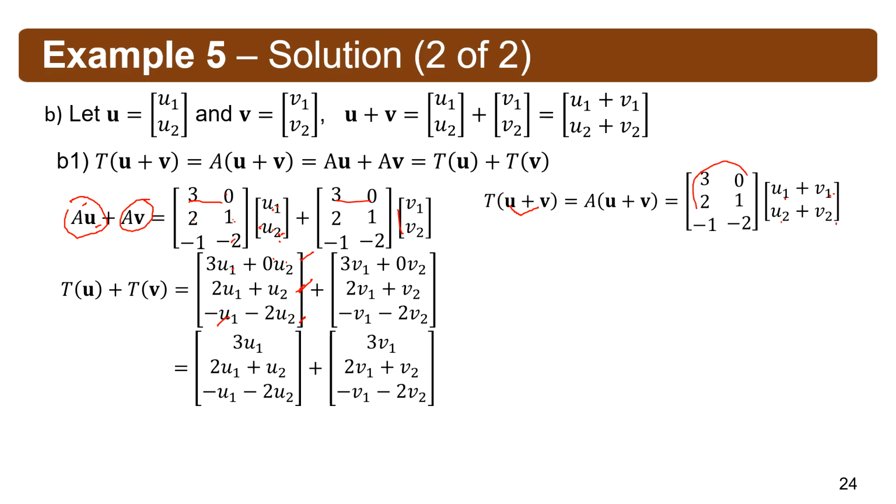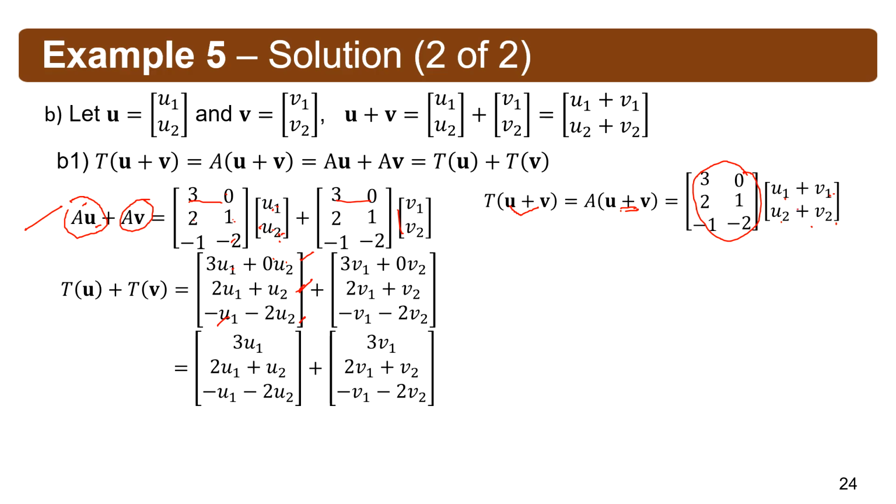Then we multiply it to the rule in the transformation, which is the matrix, this 3 by 2 matrix. So again, from the first one, we did the multiplication of the matrix to each vector. Now in here, we add first the vectors and then we multiply.